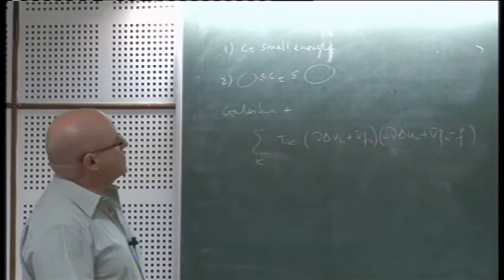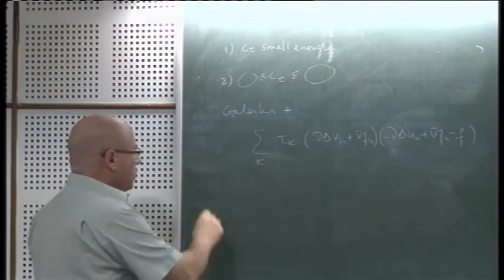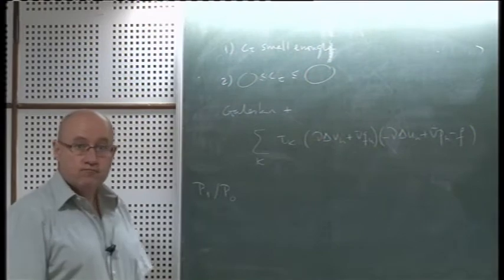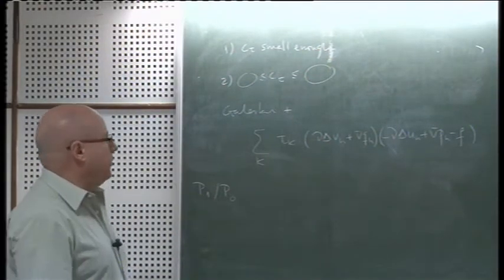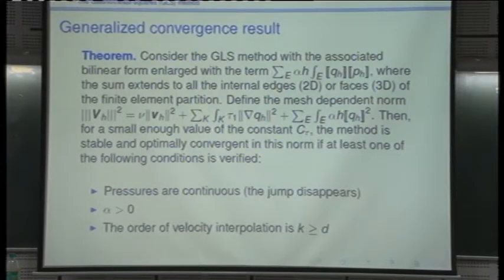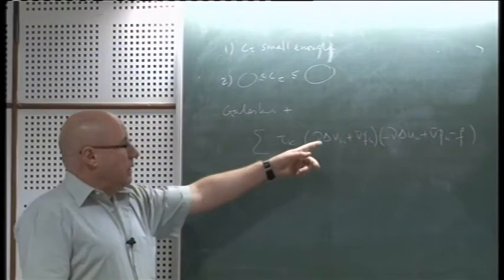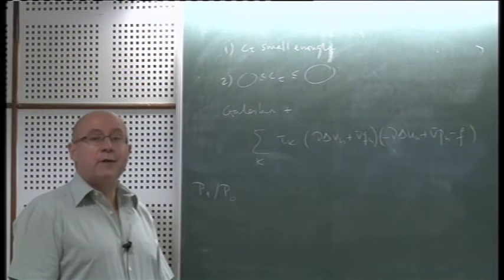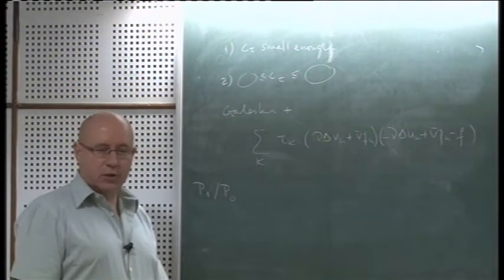Suppose that's the method. And now imagine that you want to use the P1, P0 element. That's one element that I said is convenient because pressures are piecewise constant and velocities are linear. What is the value of this term? The gradient will be 0. And what about the Laplacian?